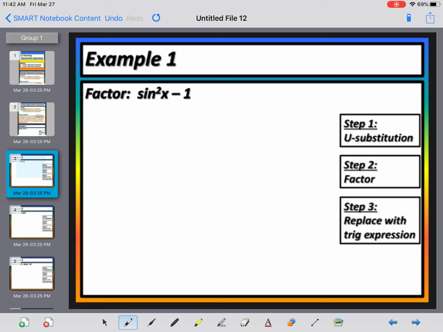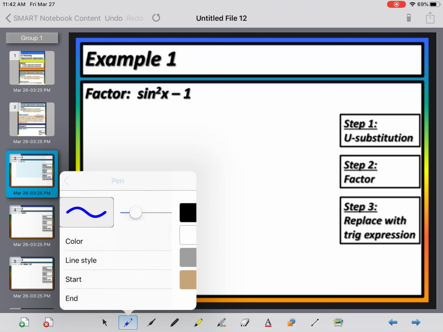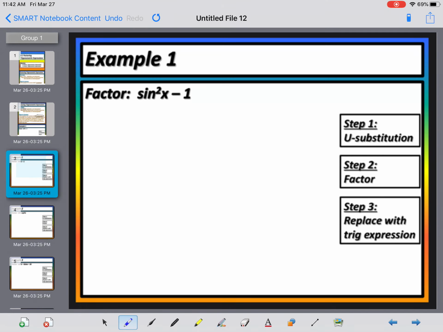So we're going to look at our expression and determine, first, if we have a trig function squared, so we want to apply the equivalent to that. Remember, sine squared x is the same thing as sine x squared.